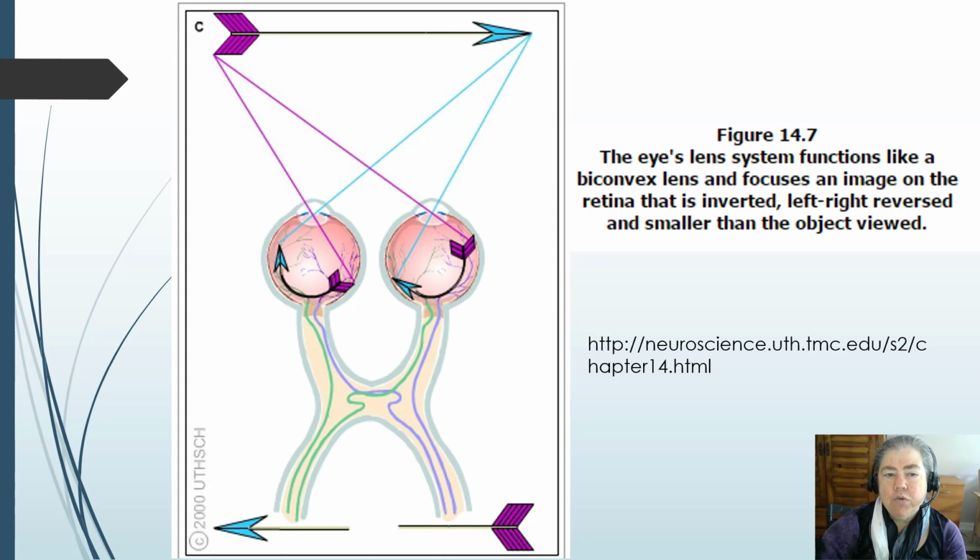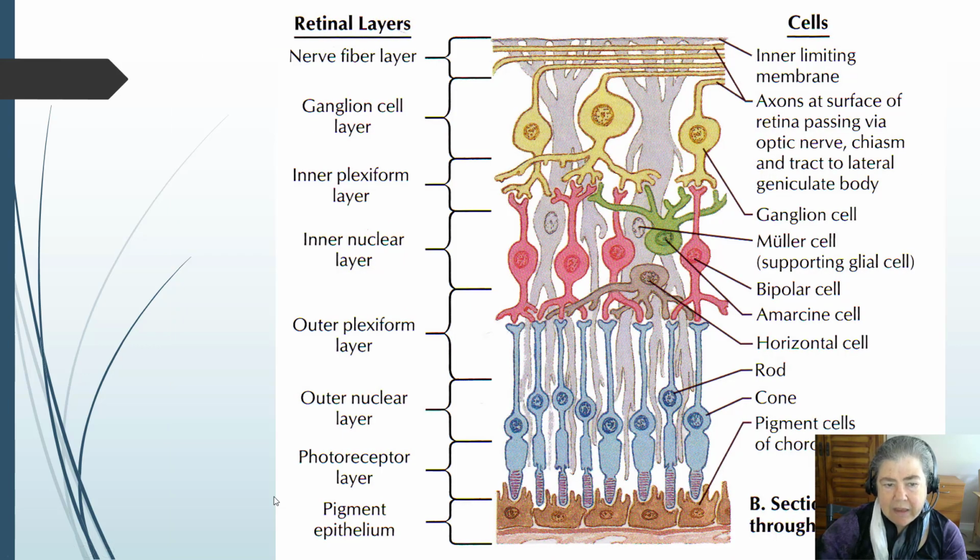Here you have the crossover of the nasal fields through the optic chiasm. Okay, so the images cross over at the optic chiasm, and then they travel back into the brain through the optic tract.